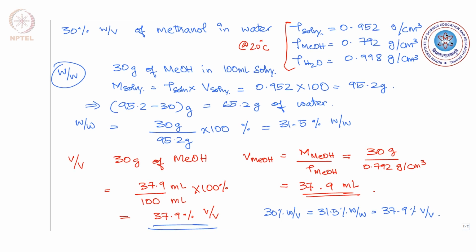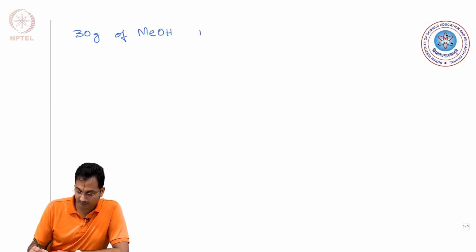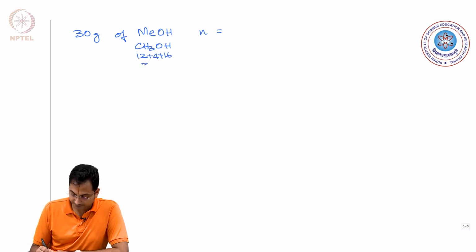Now, let us move ahead to determine what is the molarity. So, what did we say? 30 grams of MeOH. So, how many moles is this? Number of moles is given by, this is CH3OH, that will be 12 plus 4 plus 16, 32 grams per mole.